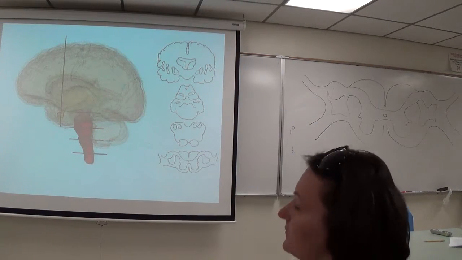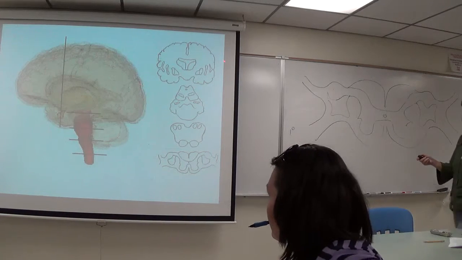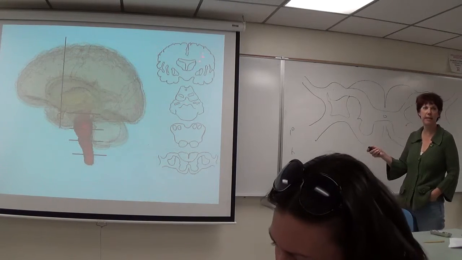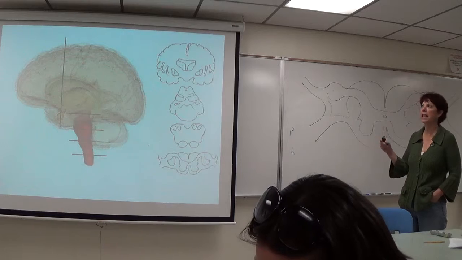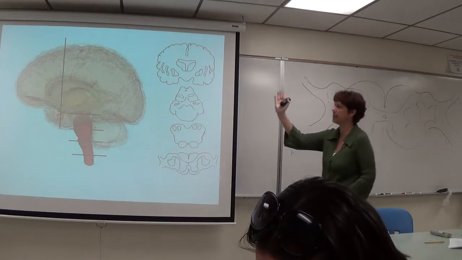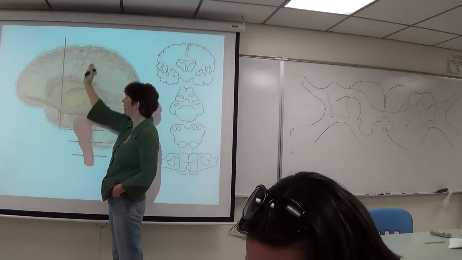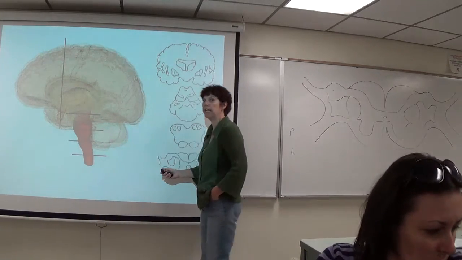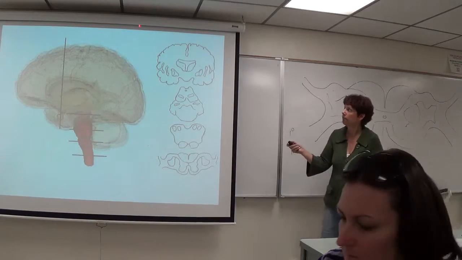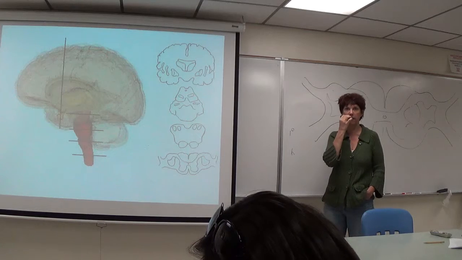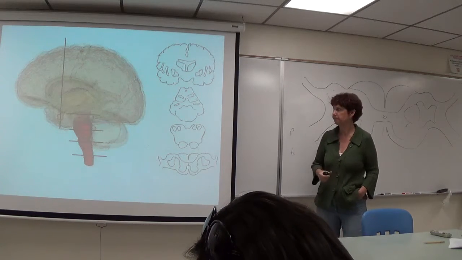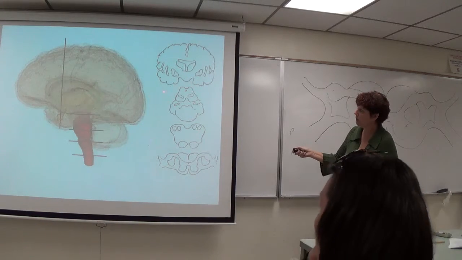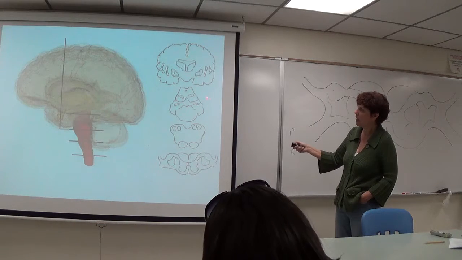Now, if we're looking at a sensory pathway, it's going to be the post-central gyrus up here. And if we're looking at a motor pathway, this is going to be the gray matter of the precentral gyrus.